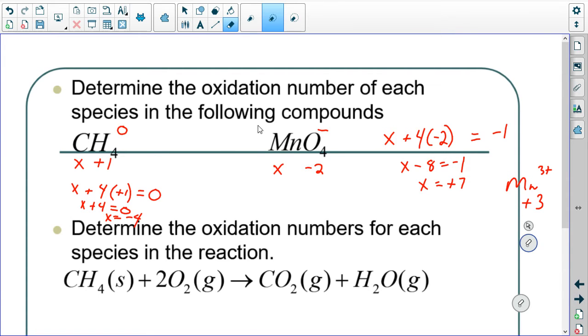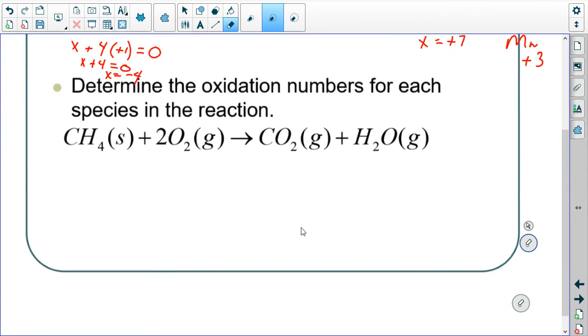We can do the same thing down here. We want to know the oxidation numbers for these species. Well, according to my rules, we know the oxidation number for a lot of those elements.